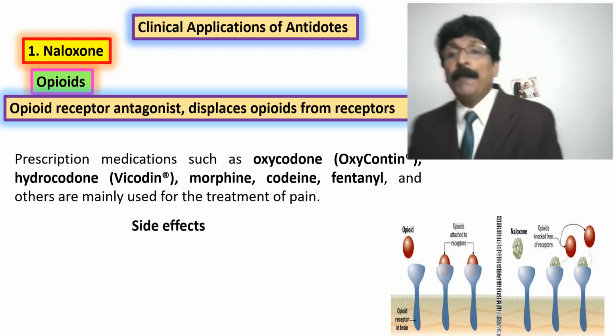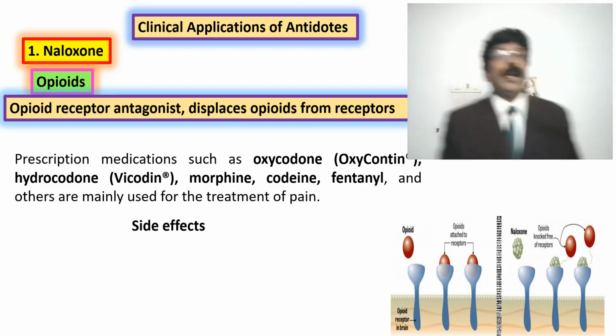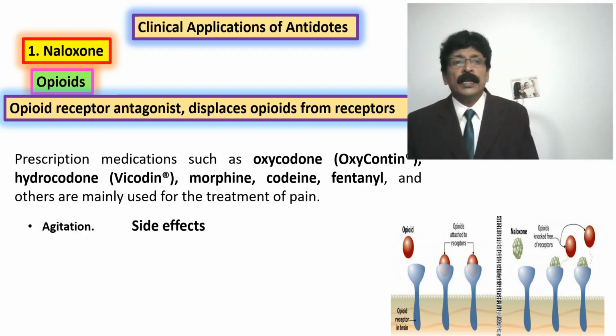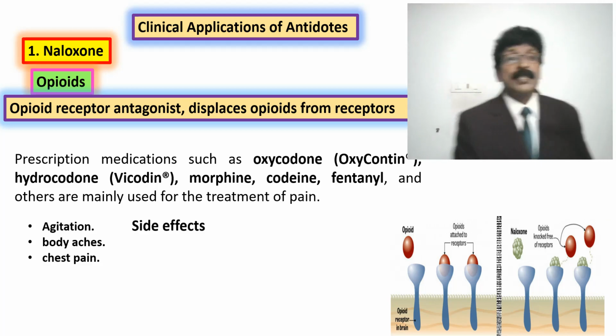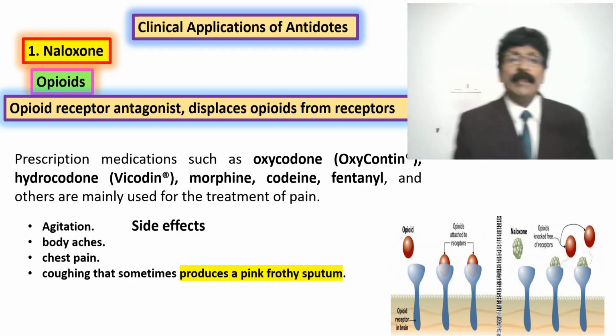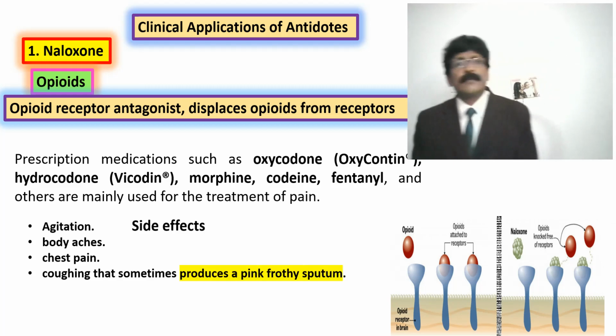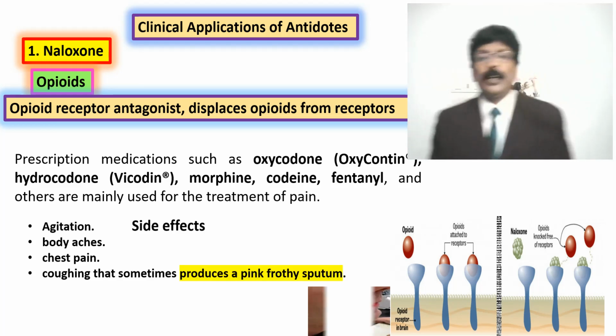As shown in the picture, you can see the opioid can be displaced from the receptor by naloxone. Side effects we can see are agitation, body aches, chest pain, coughing that sometimes produces a pink frothy sputum, as shown in the picture.